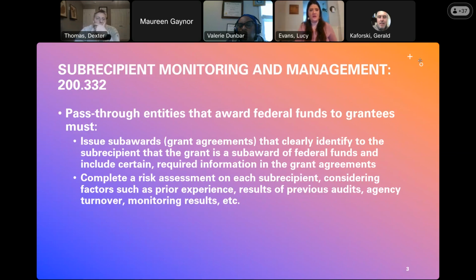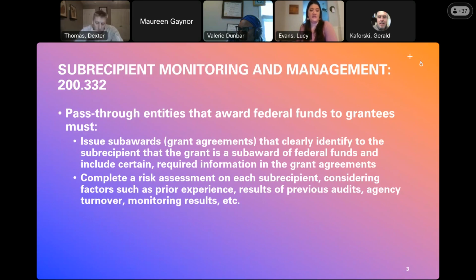Okay, so more on subrecipient monitoring and management. Pass-through entities that award federal funds to grantees must issue subawards, which we mostly know as grant agreements, that clearly identify to the subrecipient that the grant is a subaward of federal funds and must include certain required information in the grant agreements.